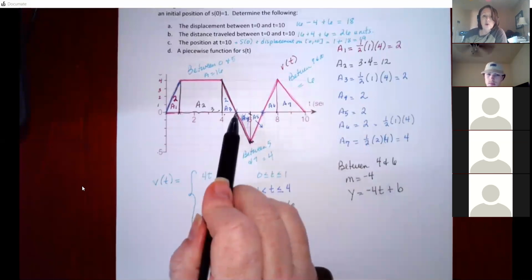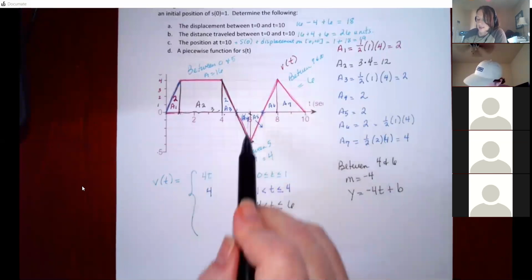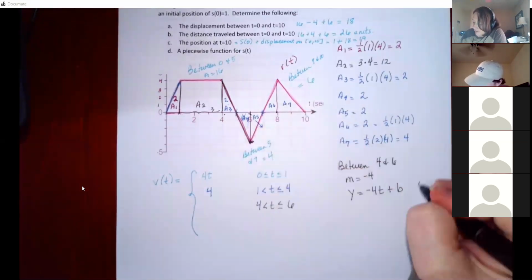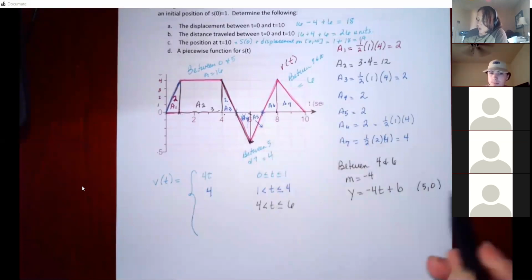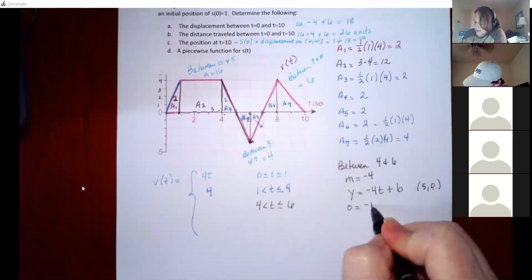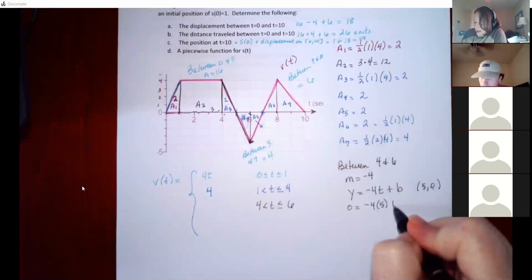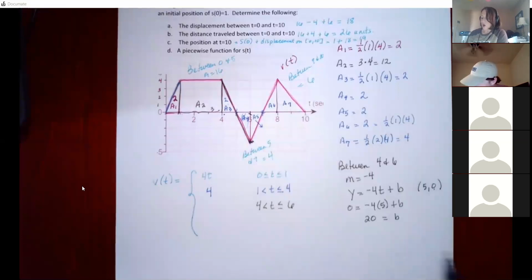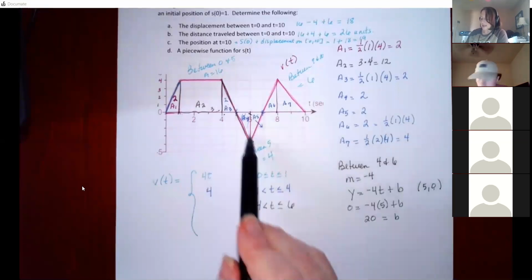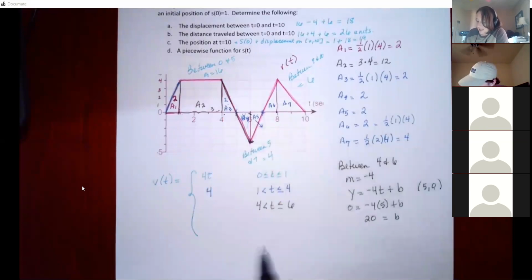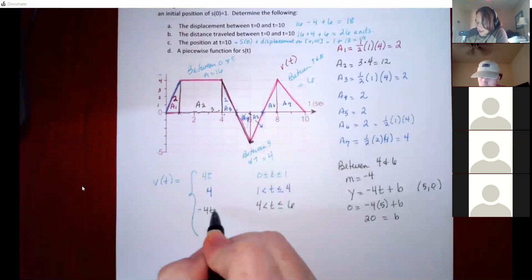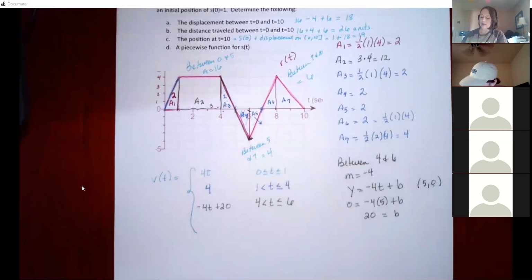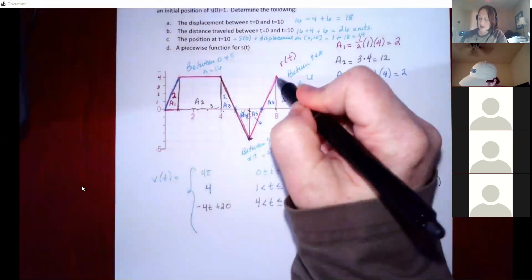You could use the point (4, 4) if you want to, or (6, -4), any point on that line segment. But I'm going to use (5, 0). If I replace y with 0 and t with 5, I get that b is equal to 20. So on this line segment, my velocity function is -4t plus 20. Then I need to do the same thing here.